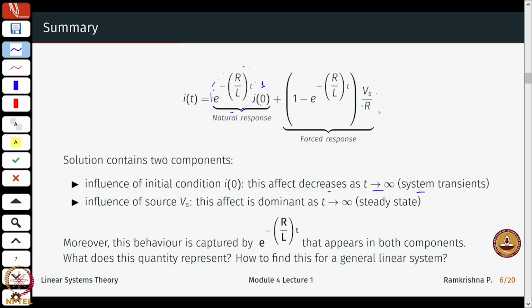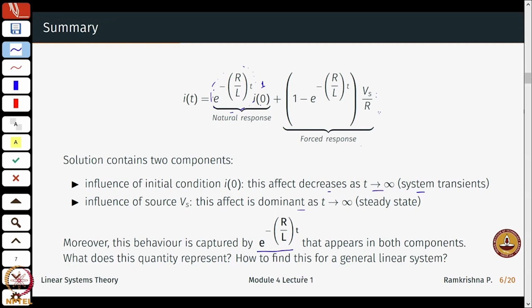Then you have the influence of the voltage, and this gets dominant as time increases. So, the effect of the natural response decreases and the forced response increases, and what will remain at the steady state is only the terms corresponding to the forced response. Okay. What is interesting to observe is that the term e to the power minus R over L t appears in both components.